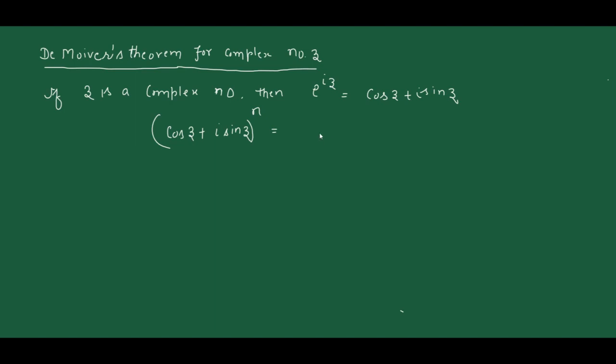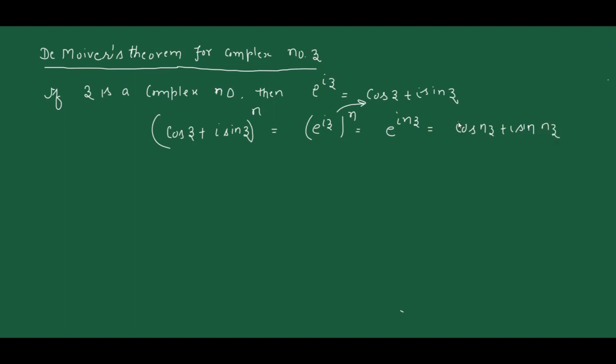So if you know that the portion in the bracket is e raised to power iota z, because e raised to power iota z is cos z plus iota sin z, and n outside, you can write this as e raised to power iota nz, and this way you can write this as cos of nz plus iota sin of nz.